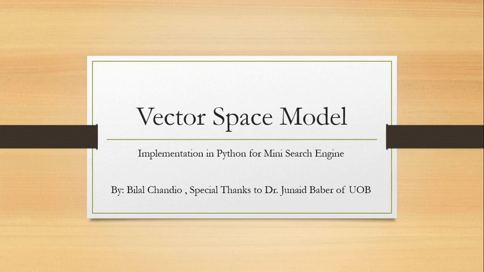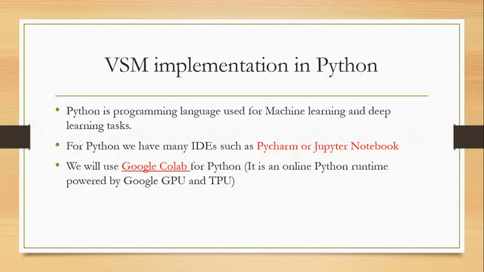So let's move toward the next slide. We have a few slides, and after that we have the implementation. For the implementation, we will use the Python programming language. It is basically used for machine learning and deep learning tasks. For Python, we have many IDEs, integrated development environments, such as PyCharm or Jupyter Notebook, as well as Google Colab. We will use Google Colab for our own convenience.